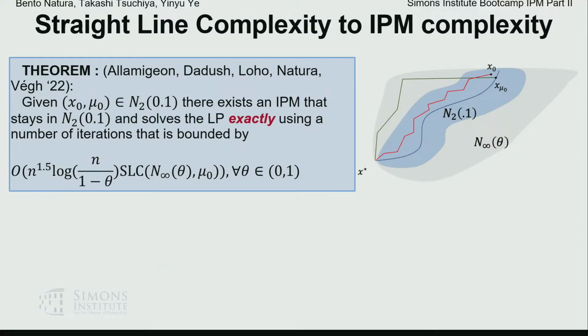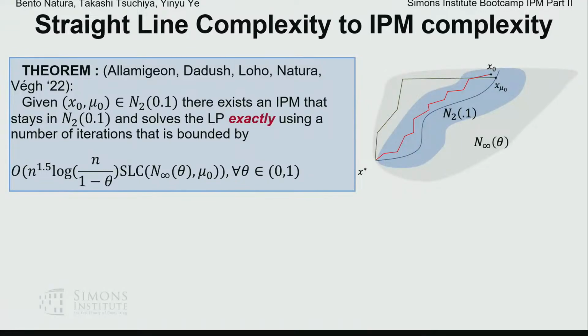Okay, so basically, for any neighborhood defined, if you can find a minimum line segment within the neighborhood, the interior point algorithms can almost follow that line segment with no more than n^1.5 times some kind of eta, which represents some tightness of the neighborhood.